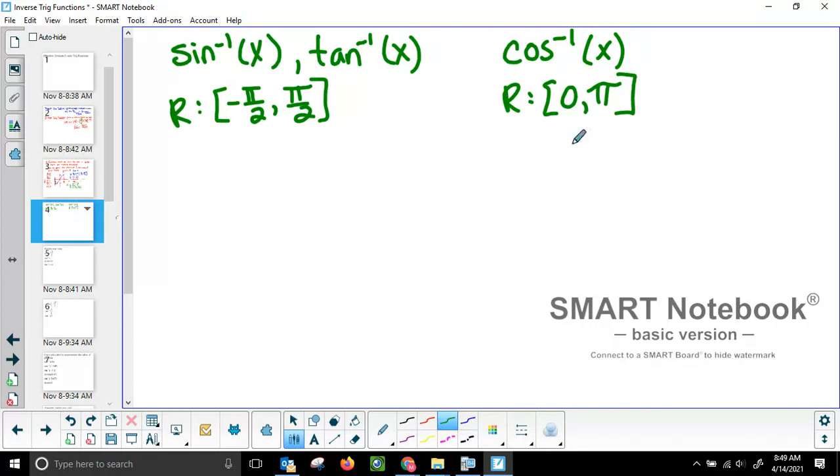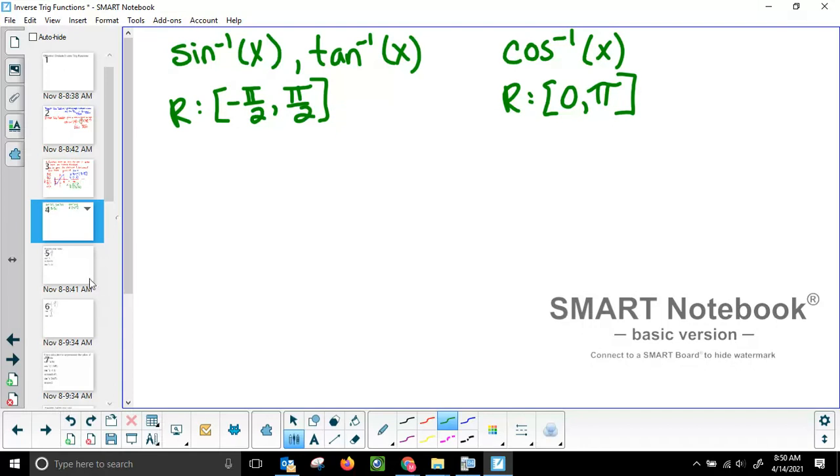So these are very important. With cosine, you don't have to worry about looking at 3π/2 and having to call it -π/2, or looking at 7π/4 and having to call it -π/4. With cosine, you never have to worry about that. But with sine and tangent, you do.